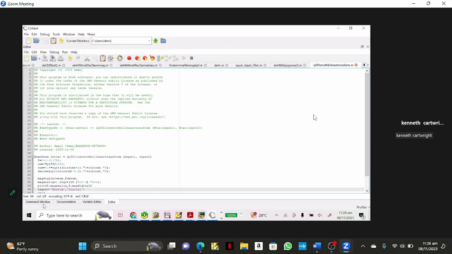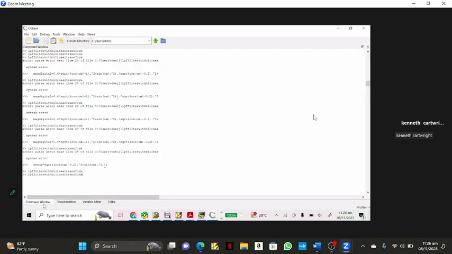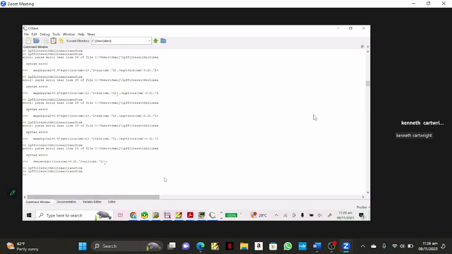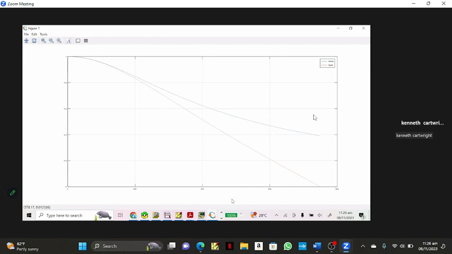Save file. All right. So the red is digital, and the blue is analog.